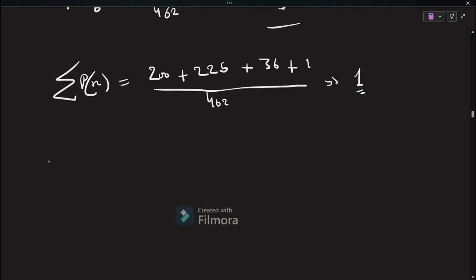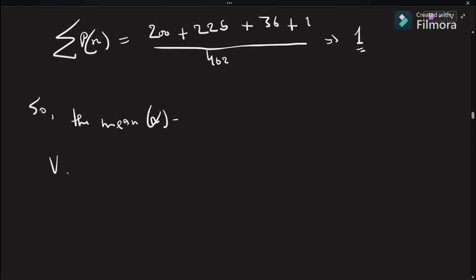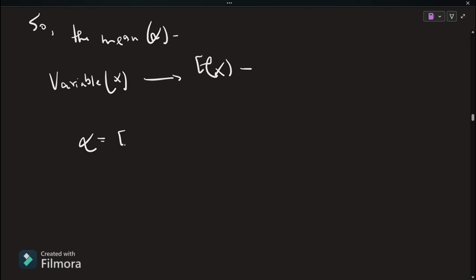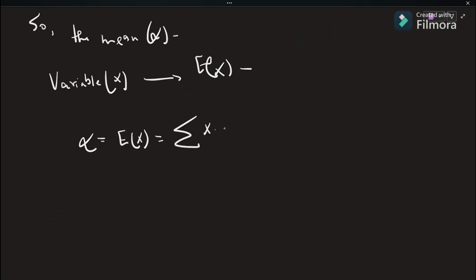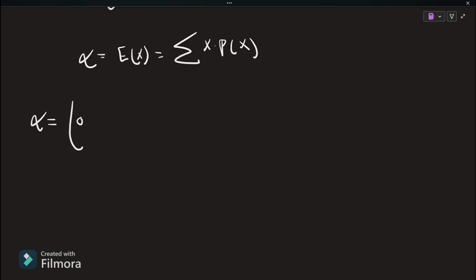So the mean, now the mean alpha is the expected value. The variable we took was X. The expected value here is E(X). So alpha equals E(X) equals the summation of X times probability. Okay, this is the formula, and when you solve this type of question you will get it.